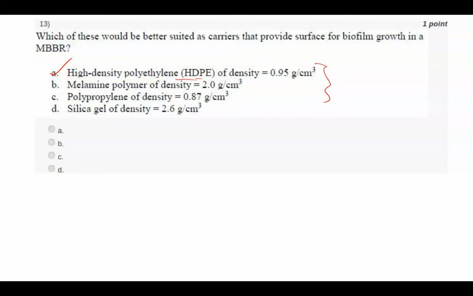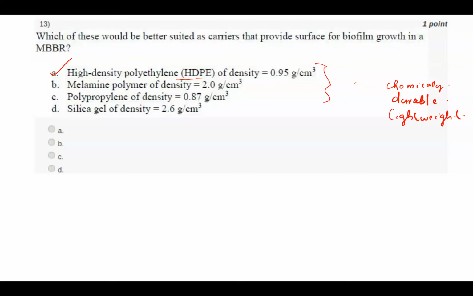There are other parameters like durability, and yes, it is lightweight, and chemically resistant. I hope it is chemically resistant. It is strong, durable, and also, as you said, it is lightweight.